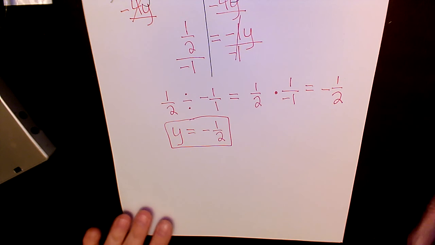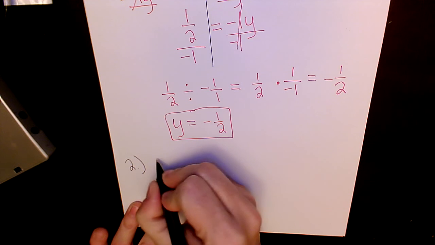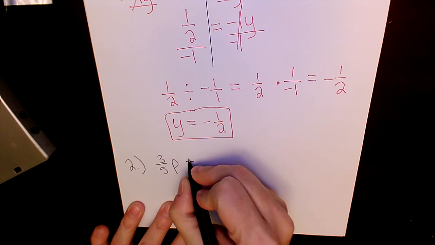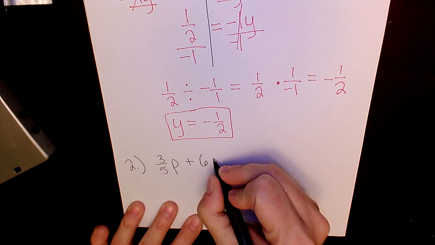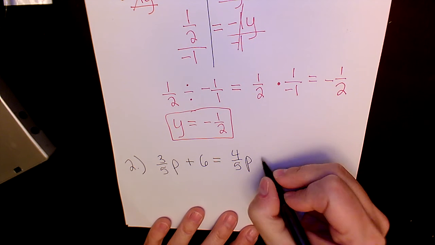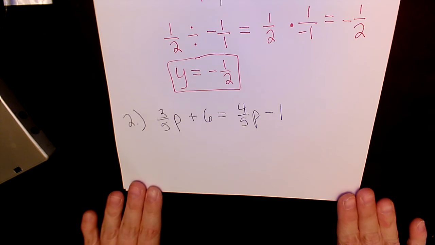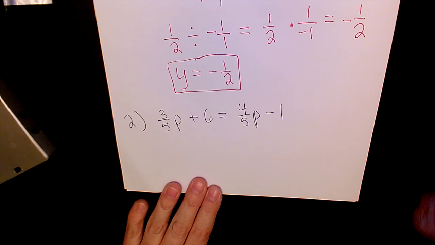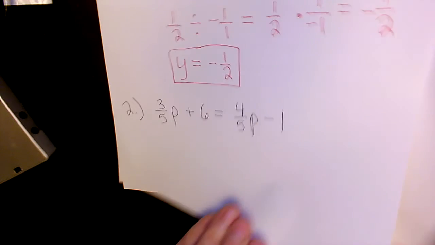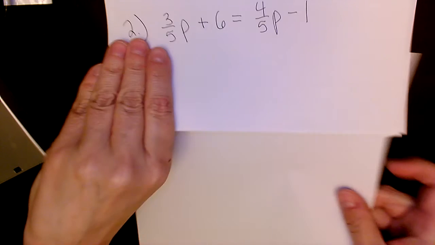Okay. Second problem from WebAssign. I want to solve for p. So I've got 3/5 p plus 6 equals 4/5 p minus 1.